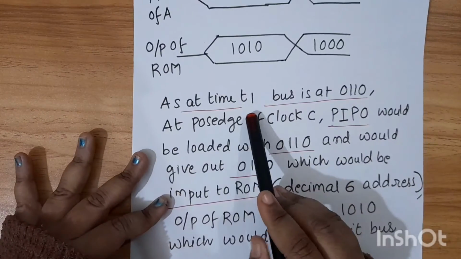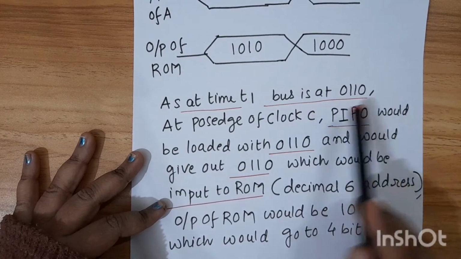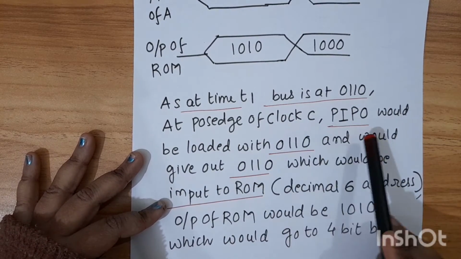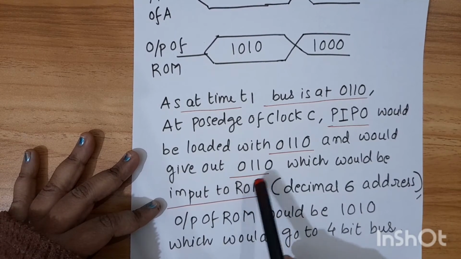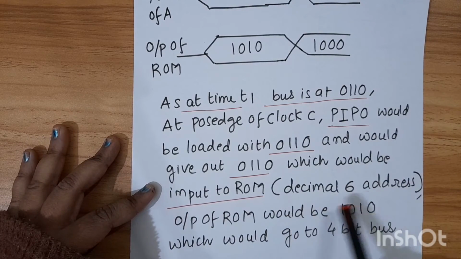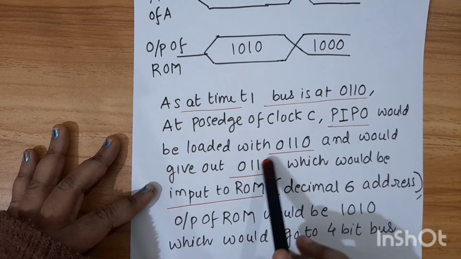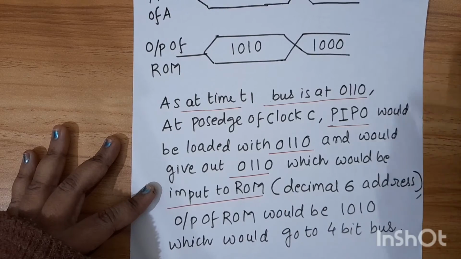As at time T1 the bus is at 0110, at the passage of the clock C the PIPO is loaded with 0110 and gives out 0110. The same value is the input to the ROM; 0110 is decimal 6 and it is the address given to the ROM.